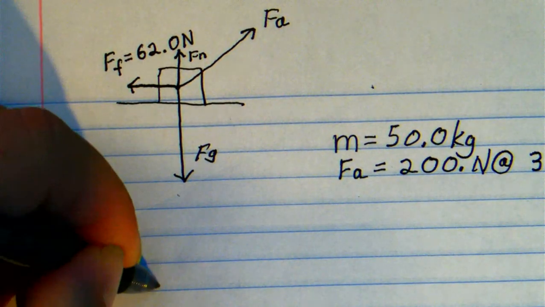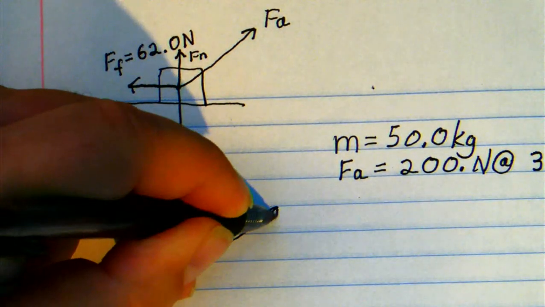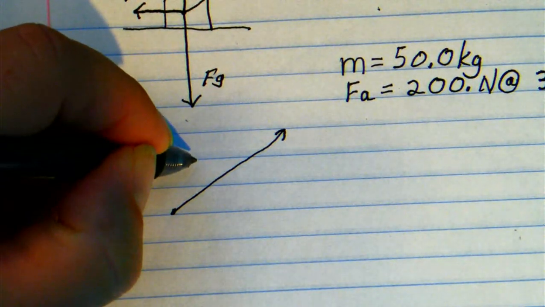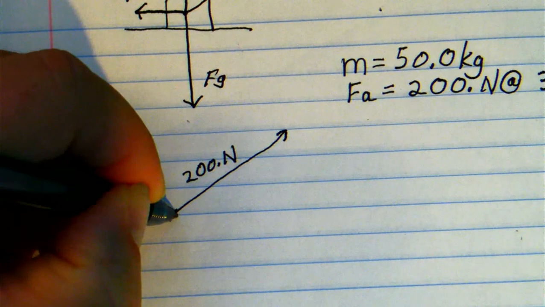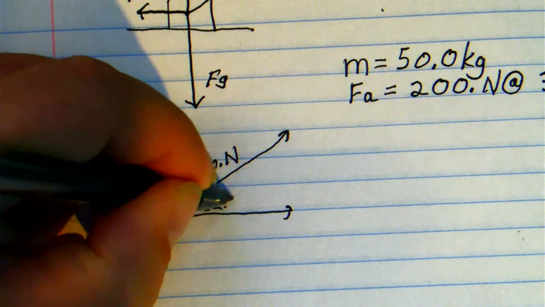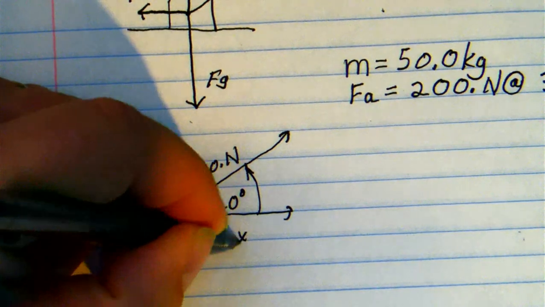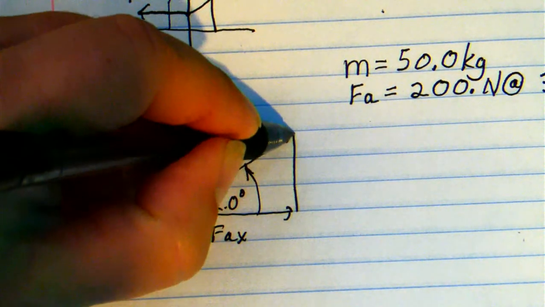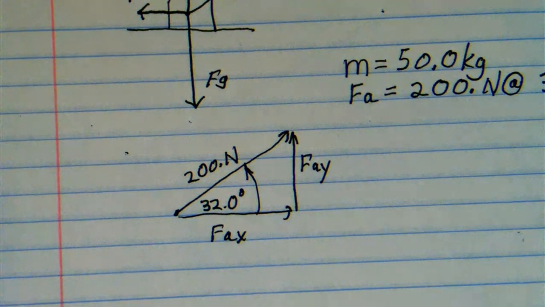We're going to take the applied force and resolve it into its facts and its phi. So we're going to take the 200 newtons that's at an angle of 32 degrees and calculate the x component of this applied force and the y component of this applied force.